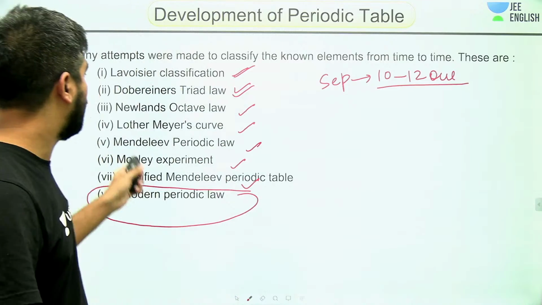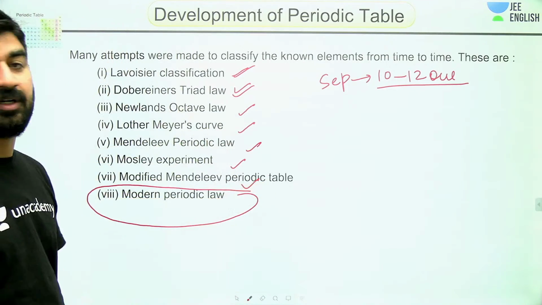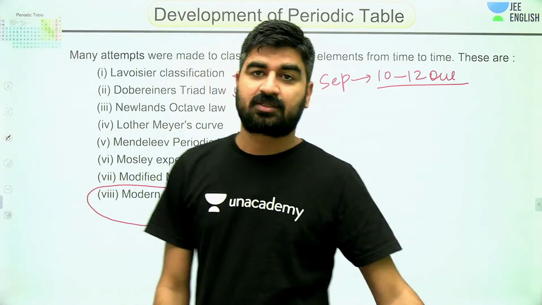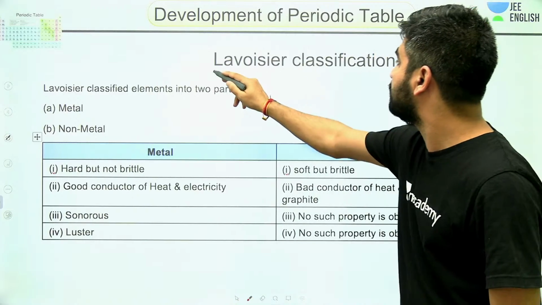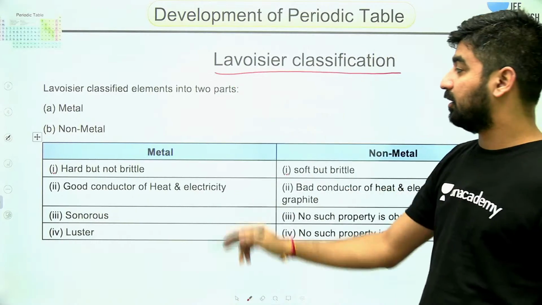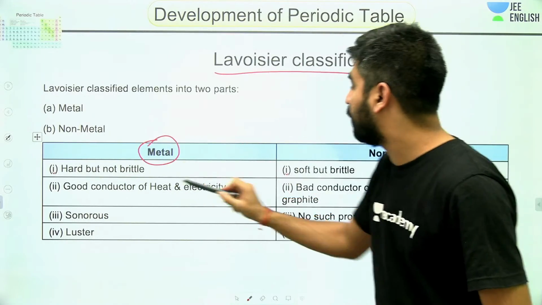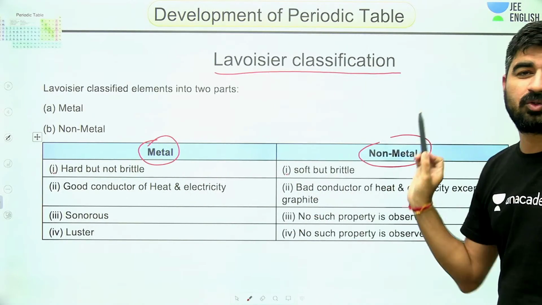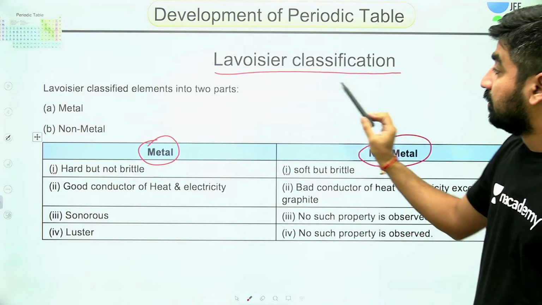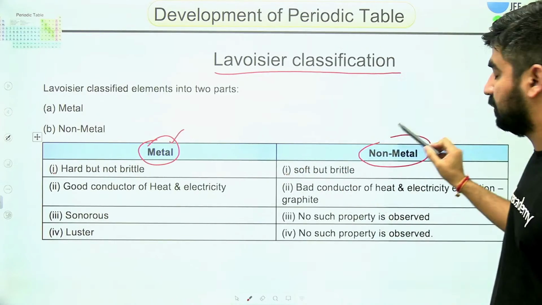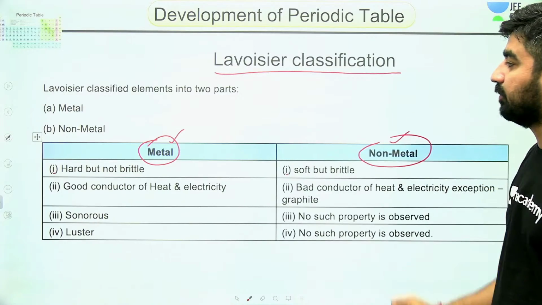Okay, so now these were the attempts made by the scientists. Let's go for the first one. What is Lavoisier's? Initially Lavoisier classified the elements into two modes. He said elements are either metals or non-metals.